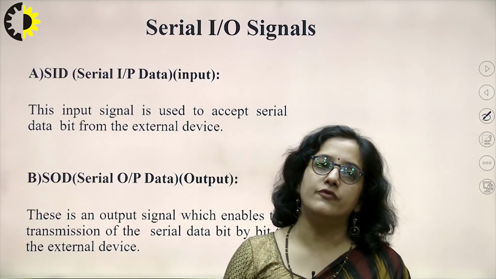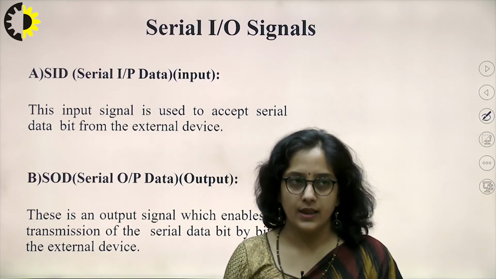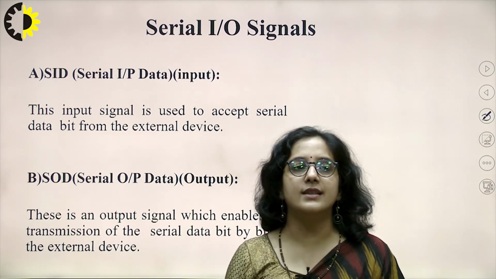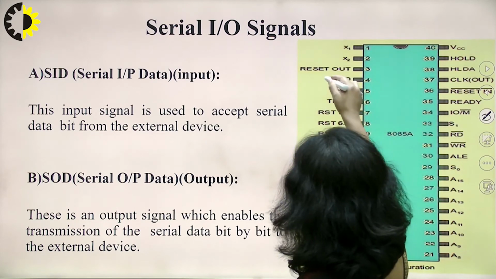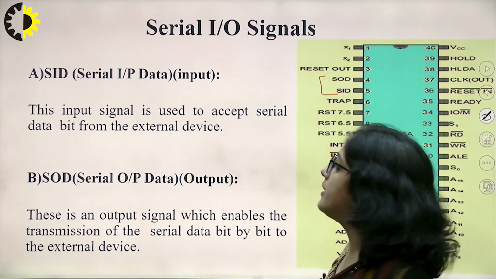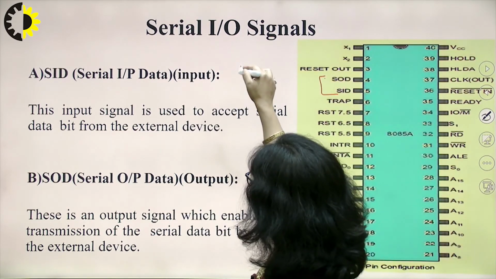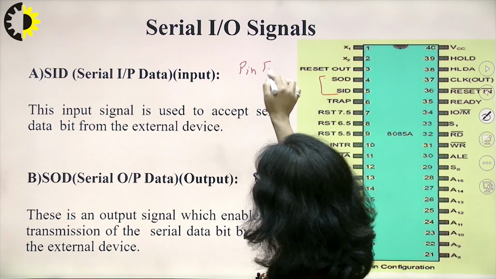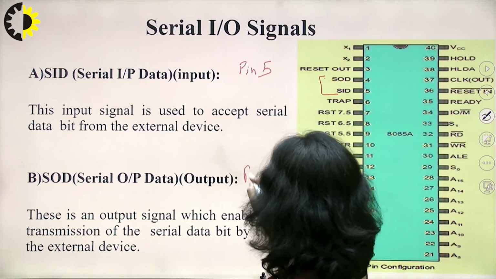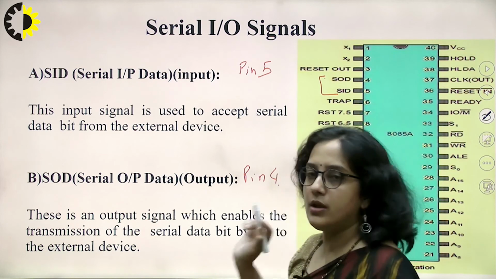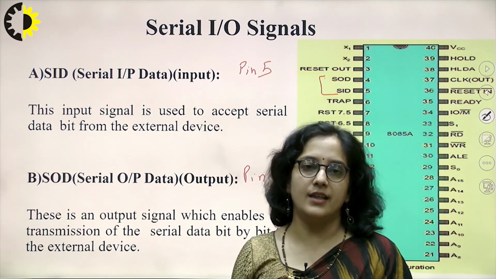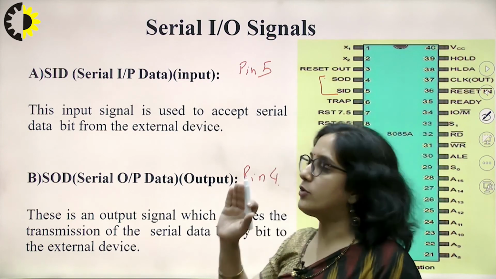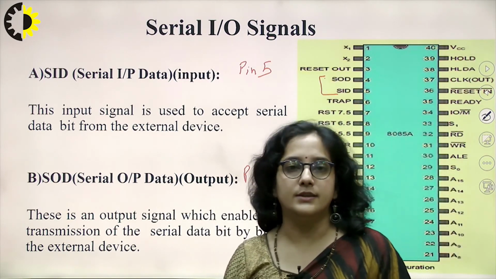Next group is the serial input/output signals, that is, there are two signals, SID and SOD. These are at pin number 4 and pin number 5. Pin number 5 is serial input data, that is an input signal. Pin number 4 is serial output data, that is an output. Whenever the microprocessor has to communicate serially, it uses these two signals.